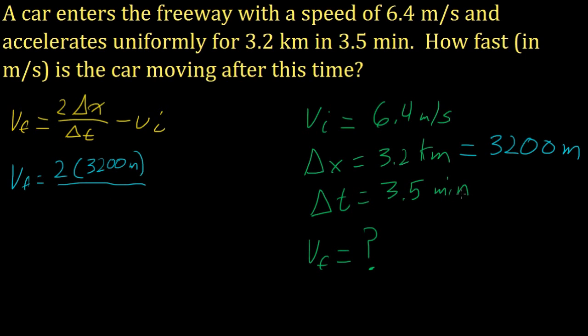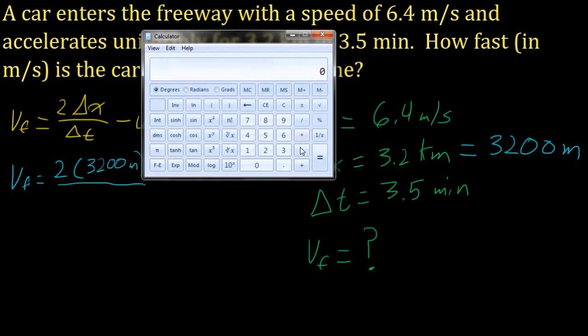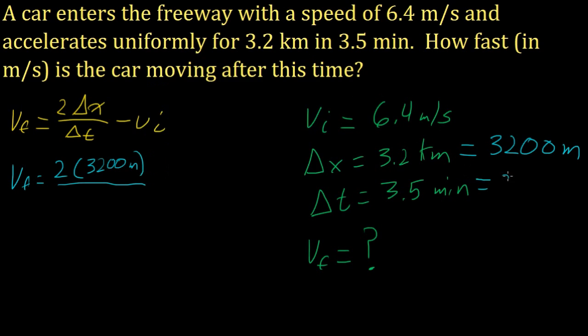Oh, but we need that to be in seconds. So we've got to convert, but that's pretty easy. We know that there are 60 seconds in a minute, so we can break out the calculator and take our 3.5 minutes and multiply it by 60 seconds. If you need to do a conversion factor, great, but I assume we all know there are 60 seconds in a minute, and we get 210 seconds. Okay, crisis averted, chapter 2.